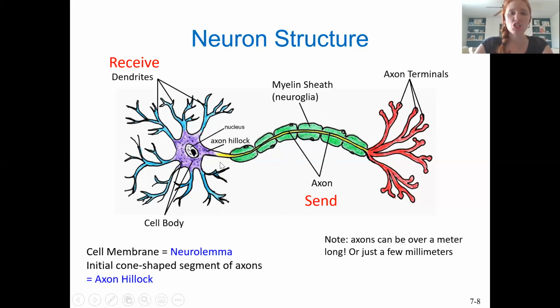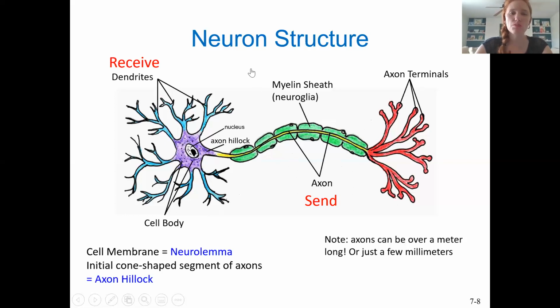The very initial part of the axon is called the axon hillock. So if you think about this sort of triangular shaped region right here, that's the axon hillock. This is the axon, and then the very ends, the little round ends of the axon are called axon terminals. Terminal as in terminate, as in the ends.